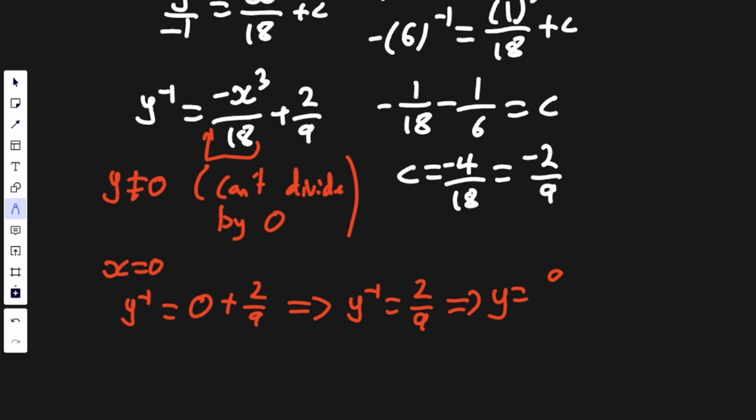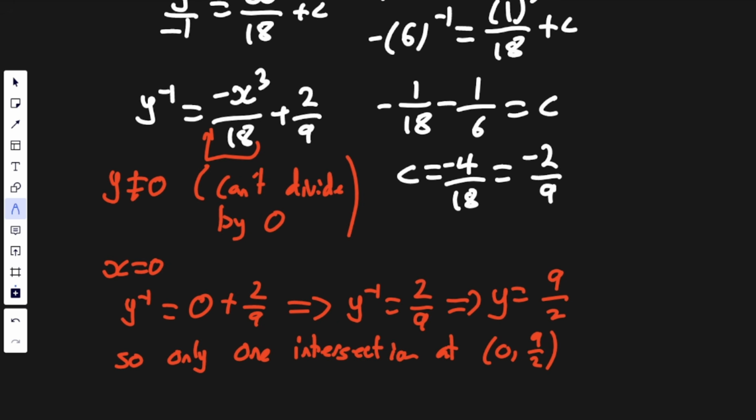That's going to give us 9 over 2, because remember, if I take a negative power on both sides, I swap the power, swap the fraction, like this. So we get y equals 9 over 2. So, only one intersection at 0, 9 over 2.